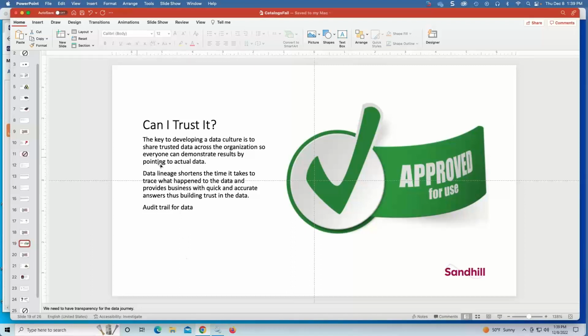So the key to developing a data-centric culture is to share trusted data across the organization. Data lineage is the mechanism by which we can trace the information and we can actually see what happens to it along its data journey. So we have kind of an audit trail for looking at what happened to the data.